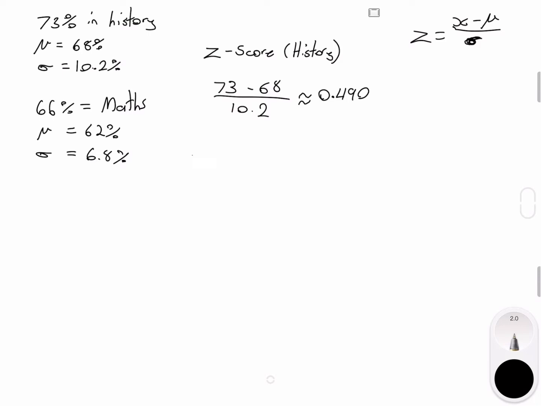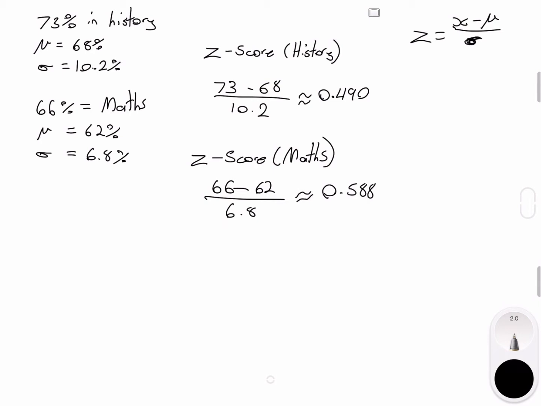Let's look at the mathematics. So we've got 66 minus 62 divided by 6.8, which is roughly equal to 0.588.